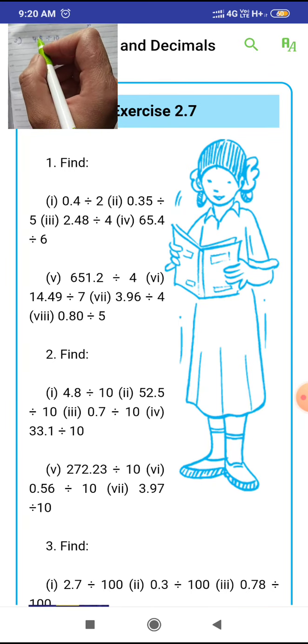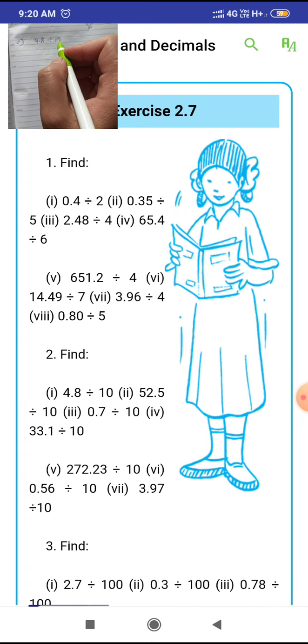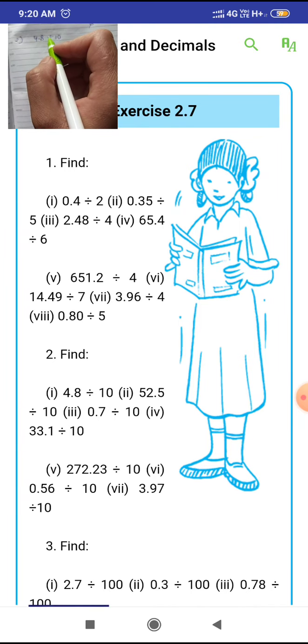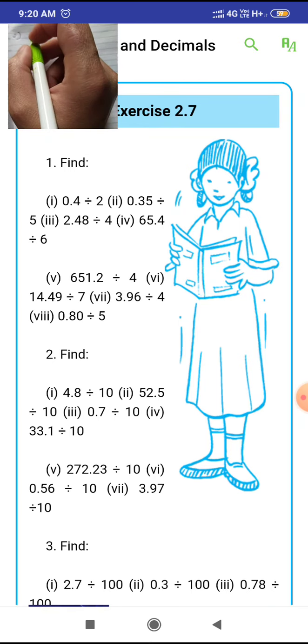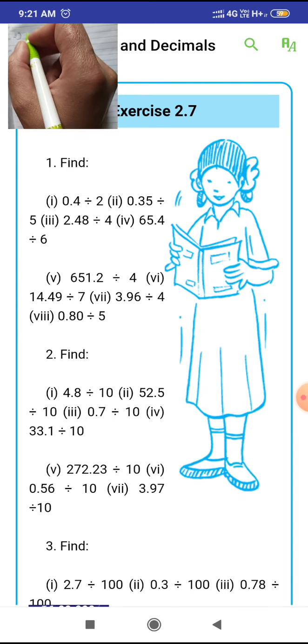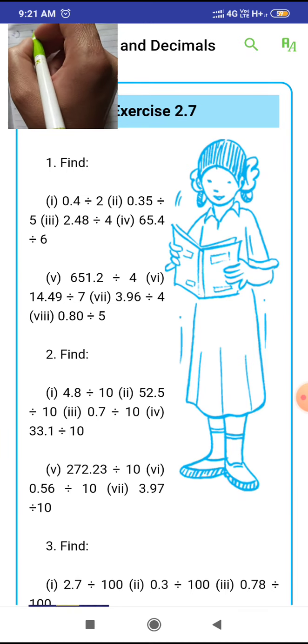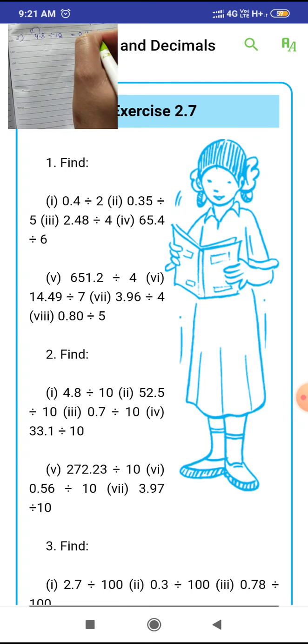In multiplication, we shift our decimal from the left side to the right side, but in division, we shift our decimal from the right side to the left side according to the zeros we have in the denominator. So here is 10. So our decimal is shifted from the right side to the left side one place, and we have 0.48 as our answer.